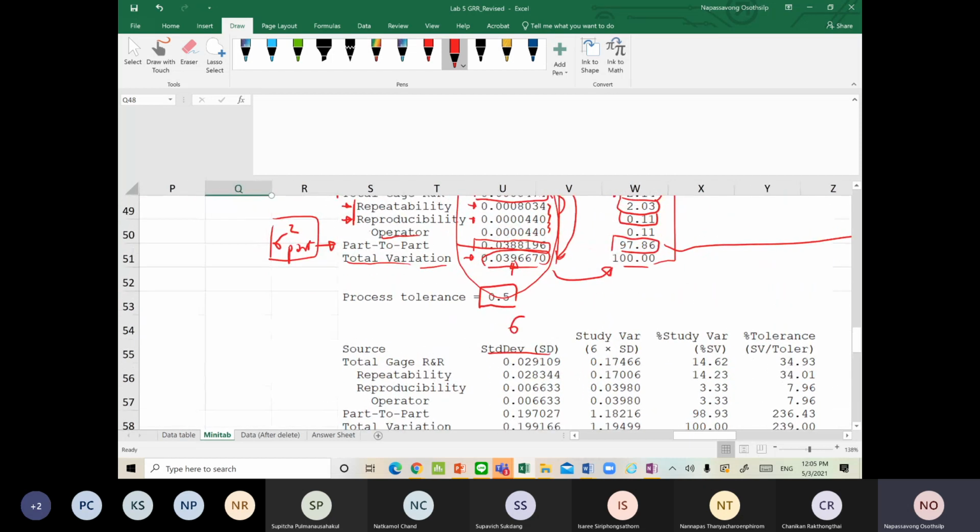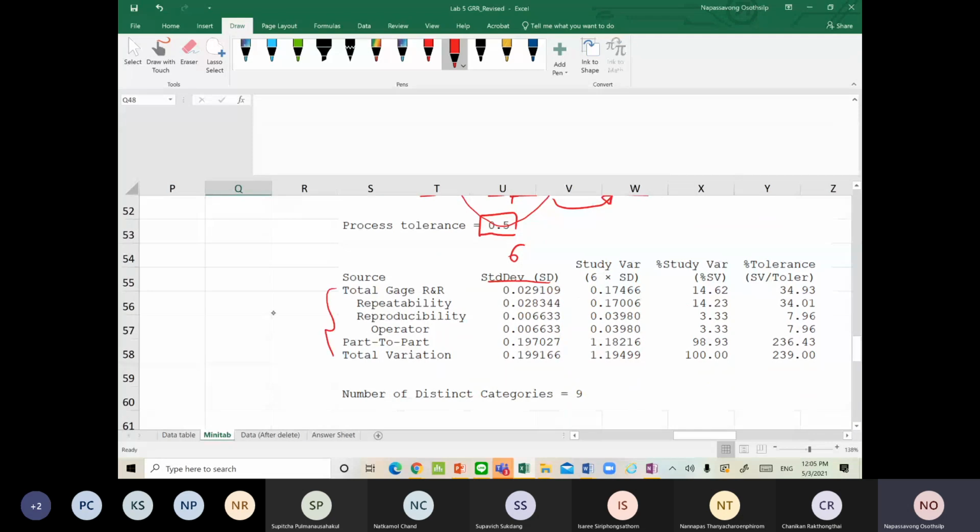The sources are the same: total gauge R&R, divided into repeatability and reproducibility, and reproducibility has the operator main effect. In this case, the interaction effect is not significant, so it was removed from the model. But if the interaction effect is significant, you will have another line, part times operator, which is the interaction term, and you will get another p-value for that.